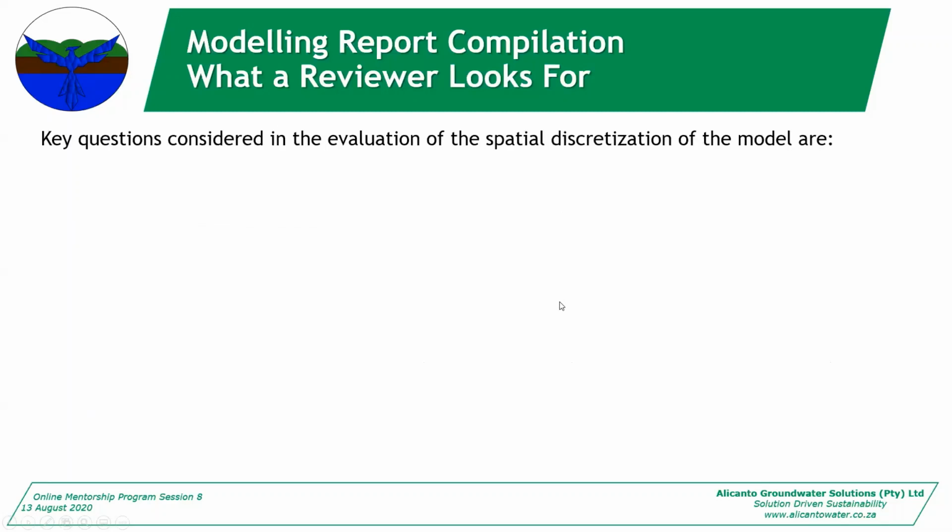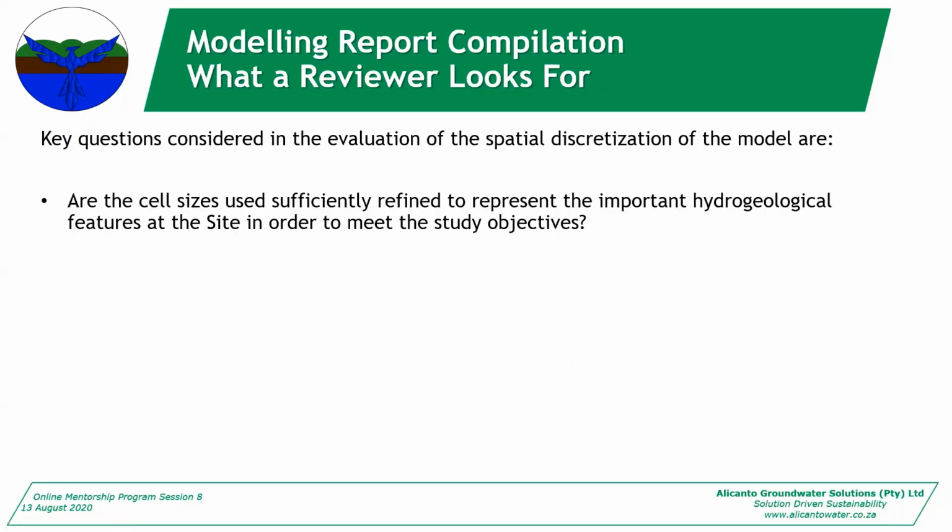And other questions that you ask when you're reviewing, and something you need to defend in your report: are the cell sizes sufficiently refined to represent the important features at the site and to meet the study objectives? If you've got a fault zone, have you refined your grid cells across that fault zone?